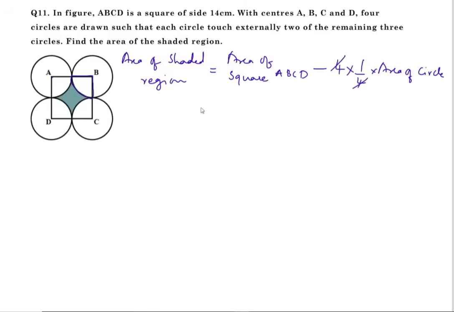This 4 and this 4 will cancel out. What we get? Area of square ABCD minus area of circle.